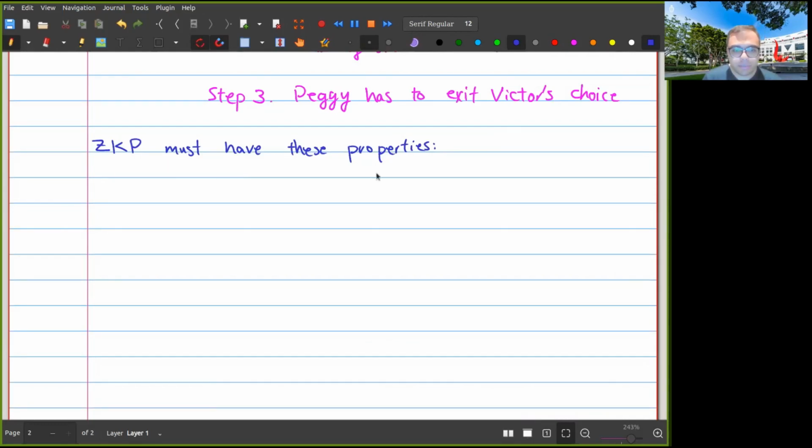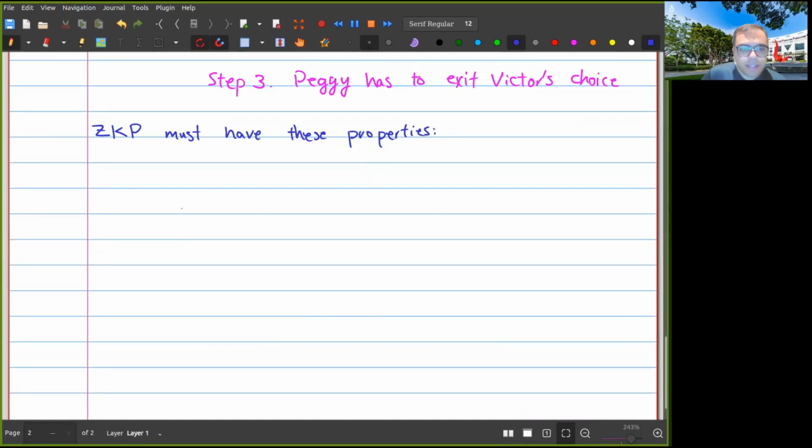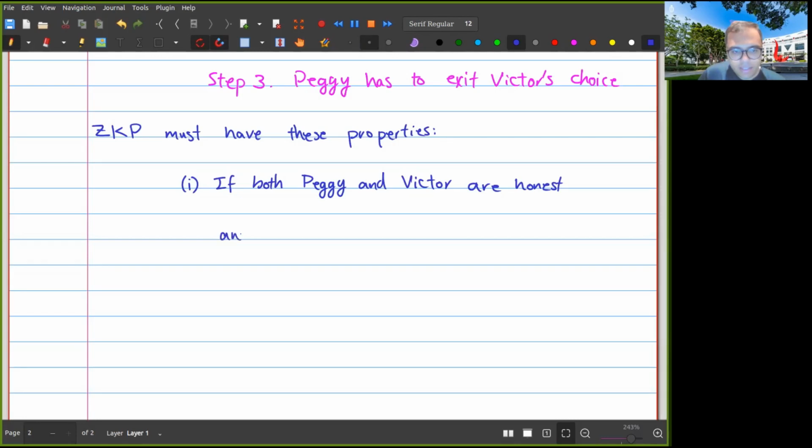So a zero knowledge proof must have these properties. My first property is that if both Peggy and Victor are honest, and if Peggy really has the knowledge that she claims, then Victor would be convinced.